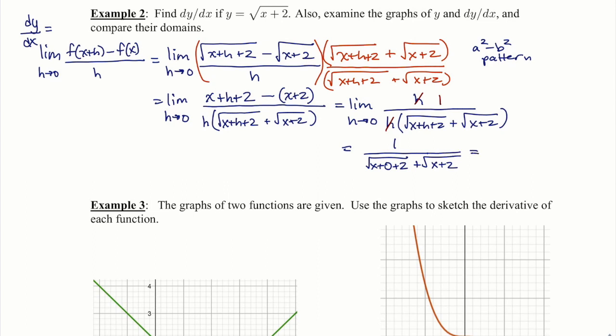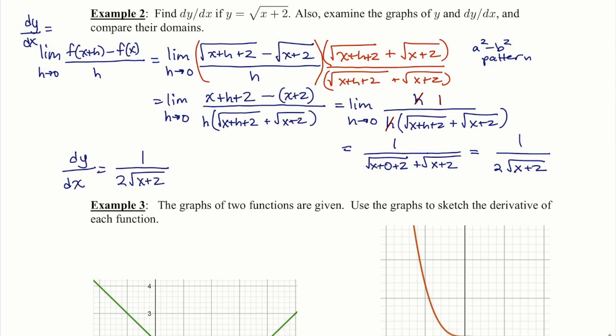And since those radicals are the same, in the denominator I have 2 of that radical. And I can rewrite it as 1 over 2 times the square root of x plus 2. So to summarize, we determined that dy/dx is 1 over 2 times the square root of x plus 2.